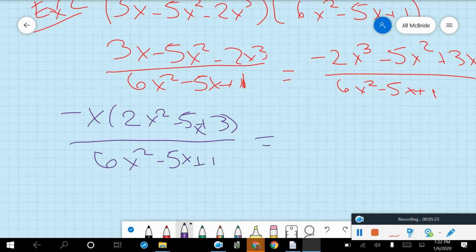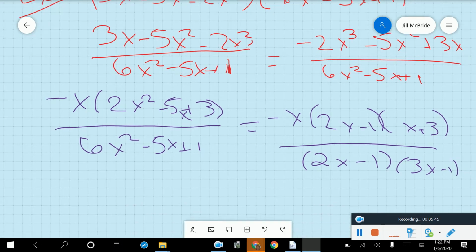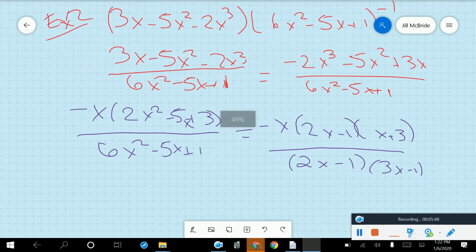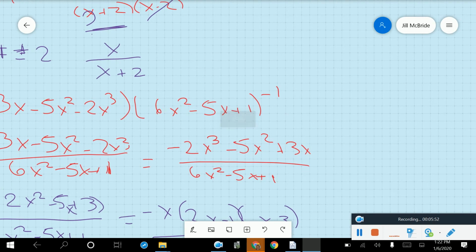Okay, I'm going to continue to factor. This numerator factors into 2x minus 1, x plus 3, over 2x minus 1, 3x minus 1. Okay, now that I'm in completely factored form, I'm going to go ahead and state my restrictions. Sorry about that.